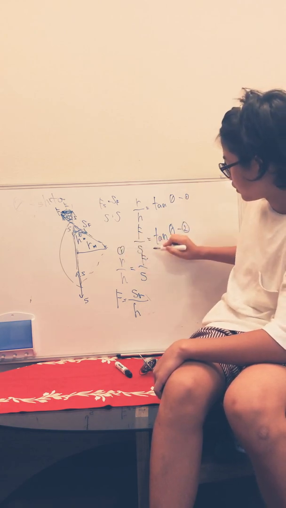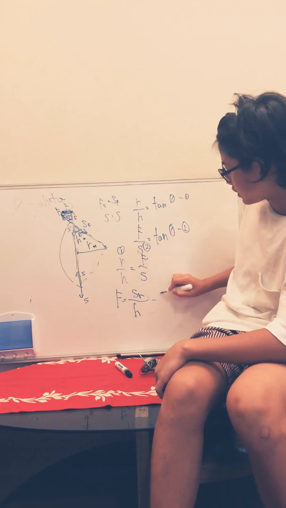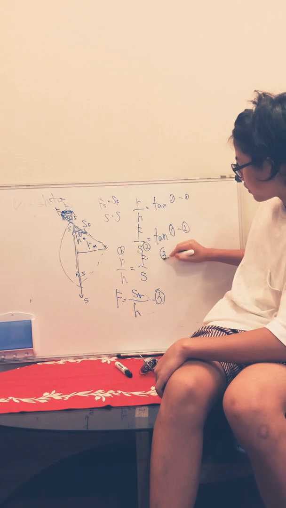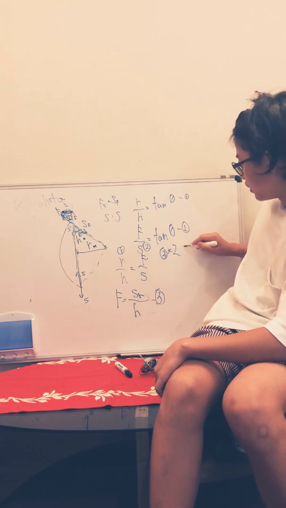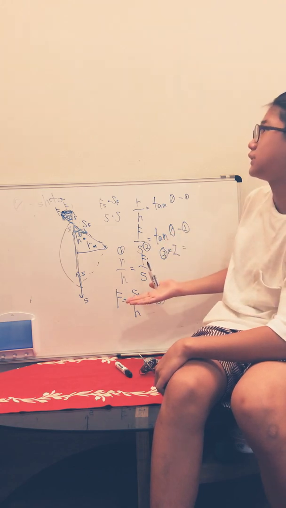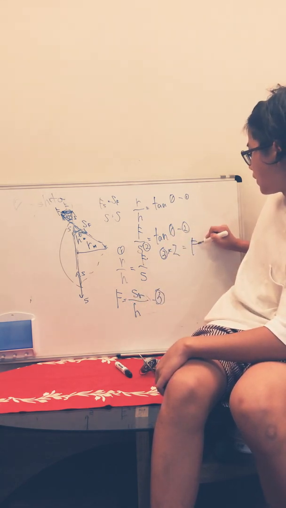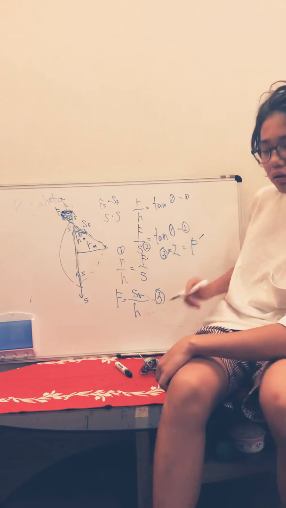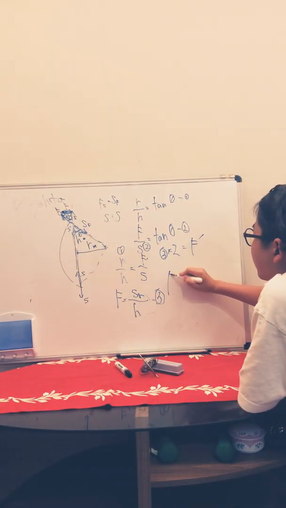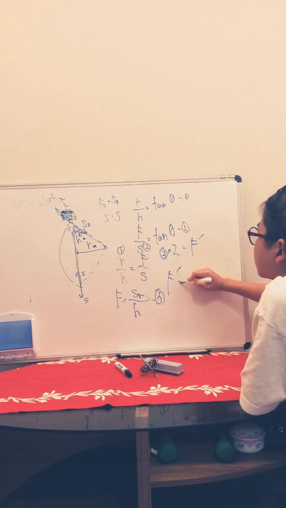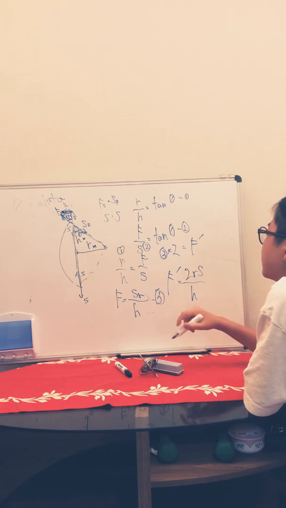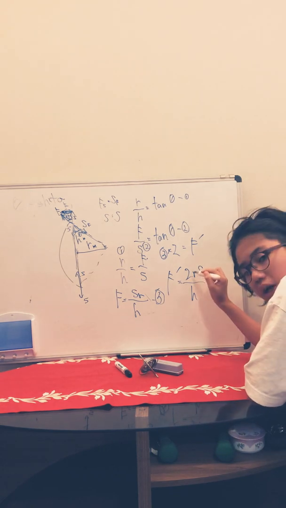This is 1, this is 2, and this is 3. So 3 times 2 equals, I define, F something. So F something equals 2SR divided by H, because I multiplied by 2.